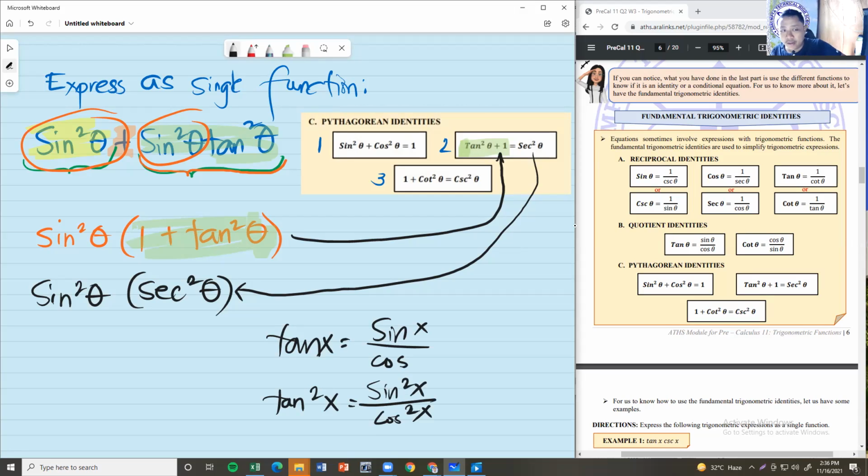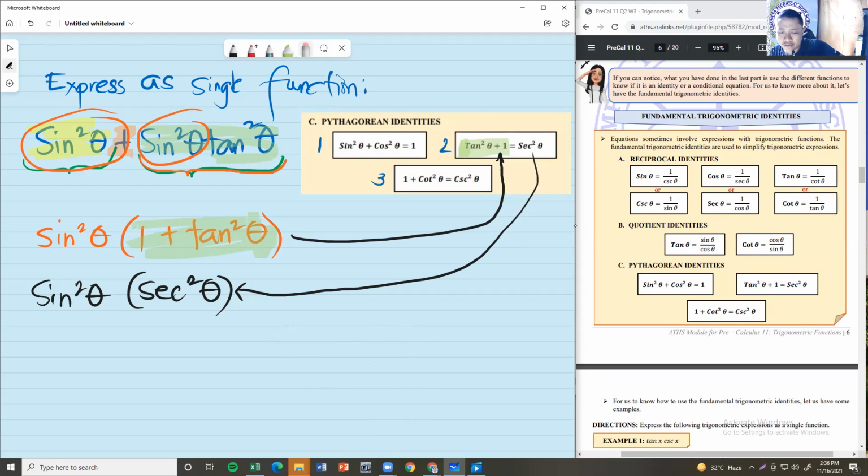Okay? Now, looking at this, secant and sine, maybe the two have some relationship. They have a connection to each other. And how is that? Secant, okay.